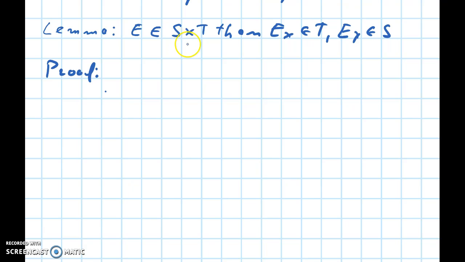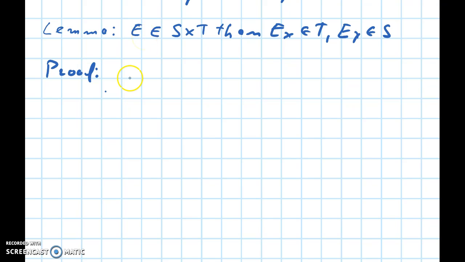And since S cross T is the smallest sigma algebra that contains the measurable rectangles, this will show that every element of S cross T fulfills the lemma.